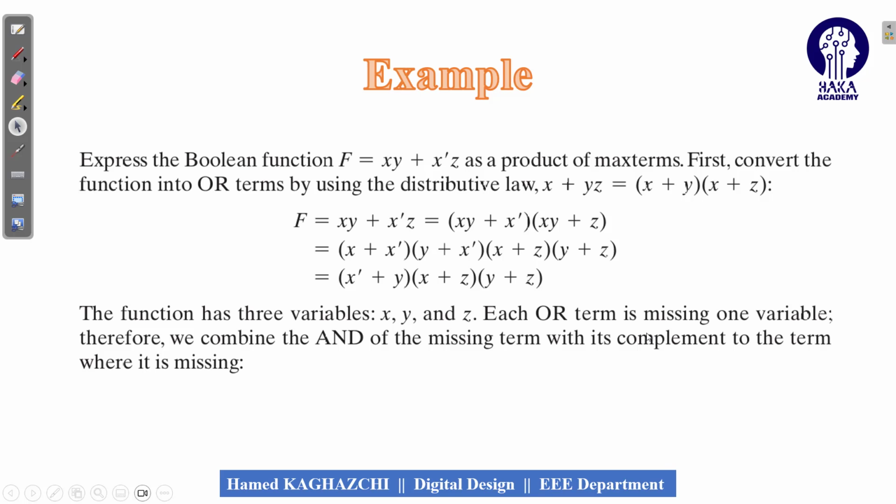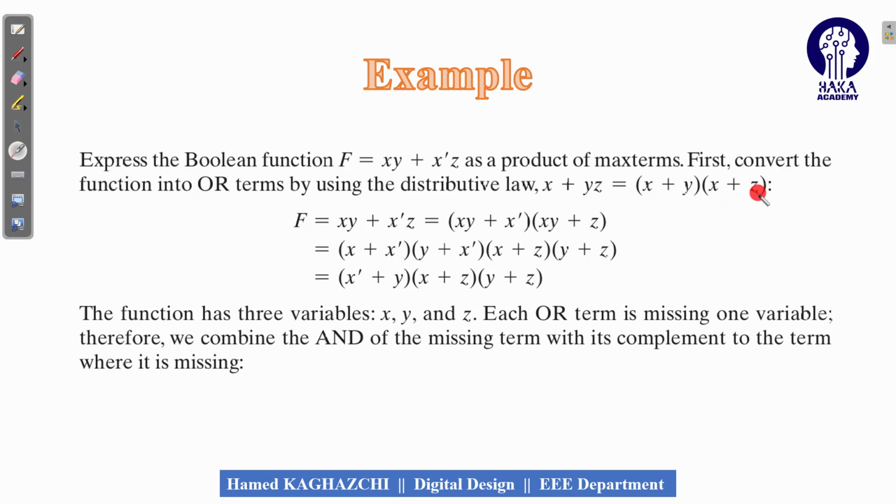Now look at this example. I have xy or x prime z. If I want to convert this one to the form of product of maxterm, I have to convert all of them in the form of the or and convert this one to the form of the and. How can we do it? Using the distributive law. We have x or yz is x or y, x or z.